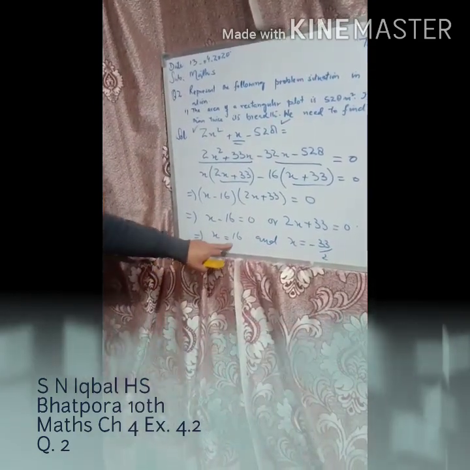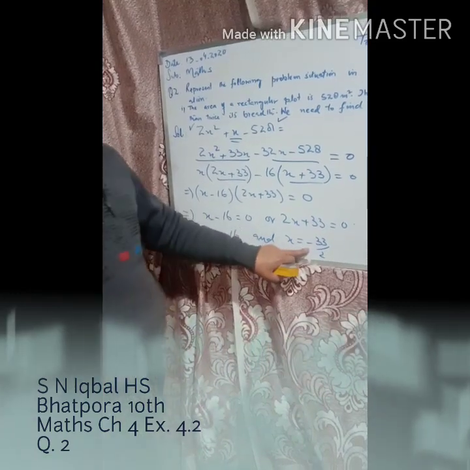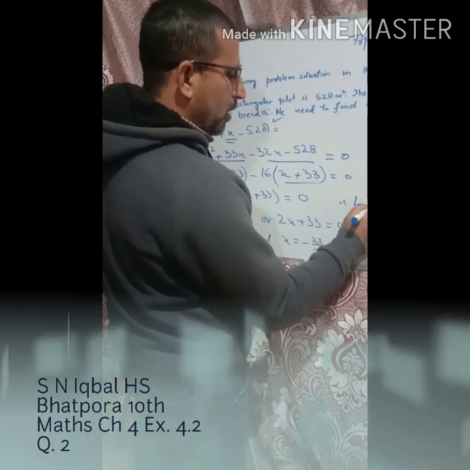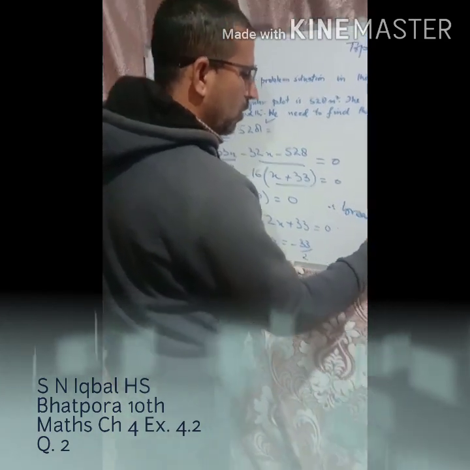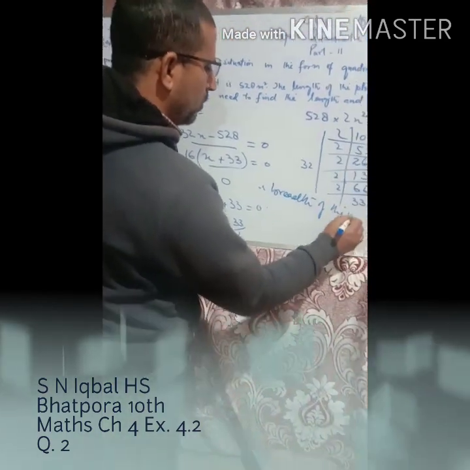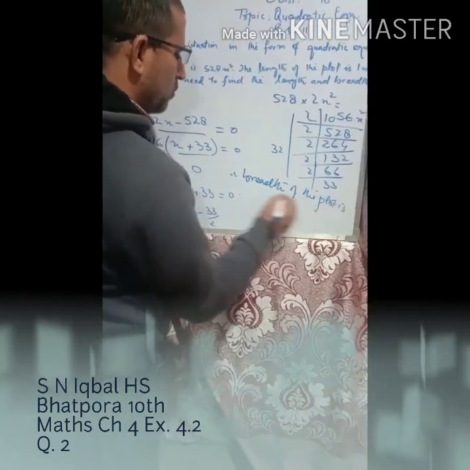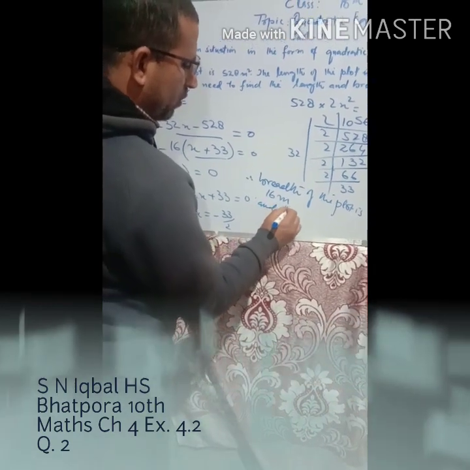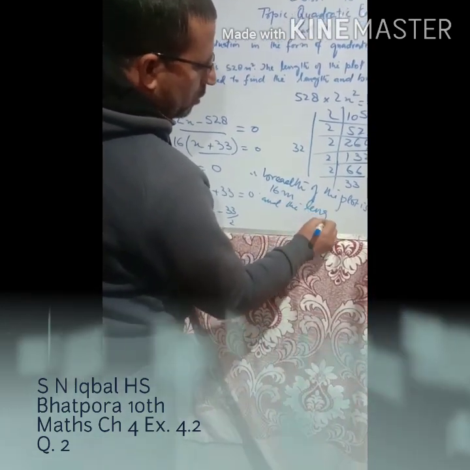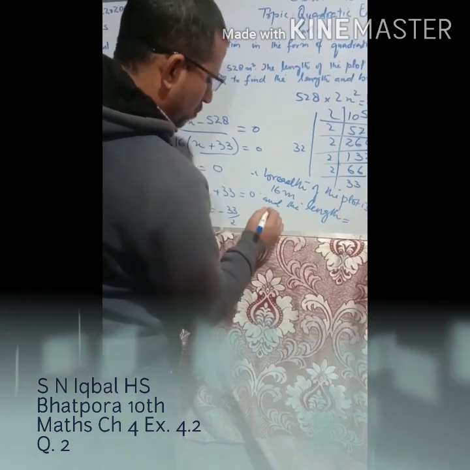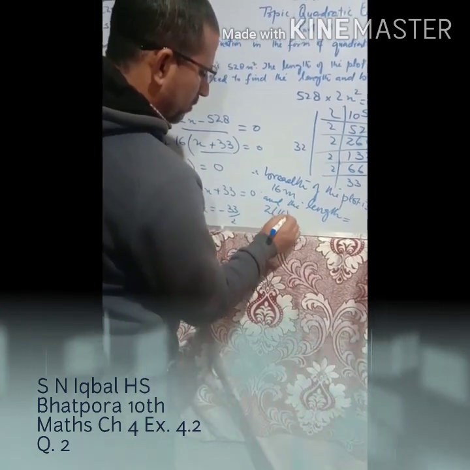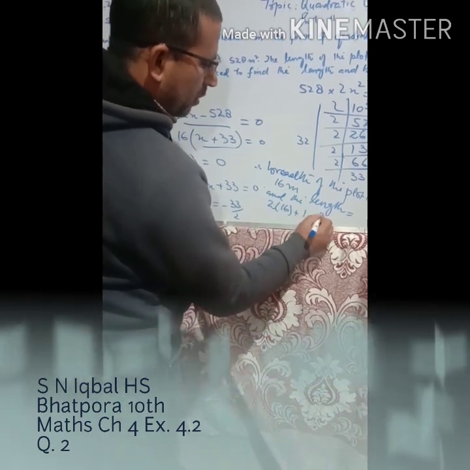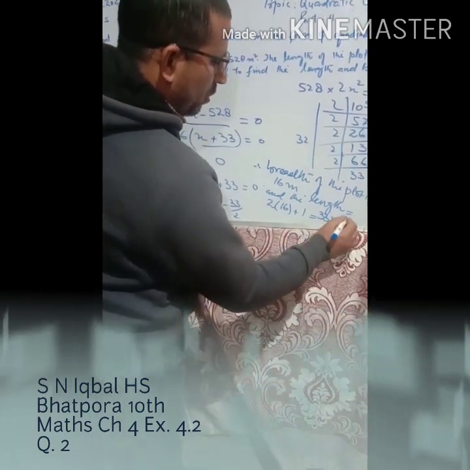Since breadth can't be negative, therefore the breadth of the plot is 16 meters, and the length of the plot would be 2 into x plus 1, that is 2 into 16 plus 1, 32 plus 1, 33 meters respectively. Answer.